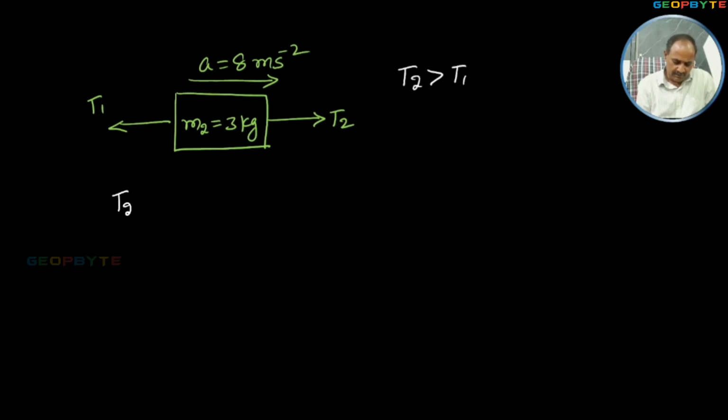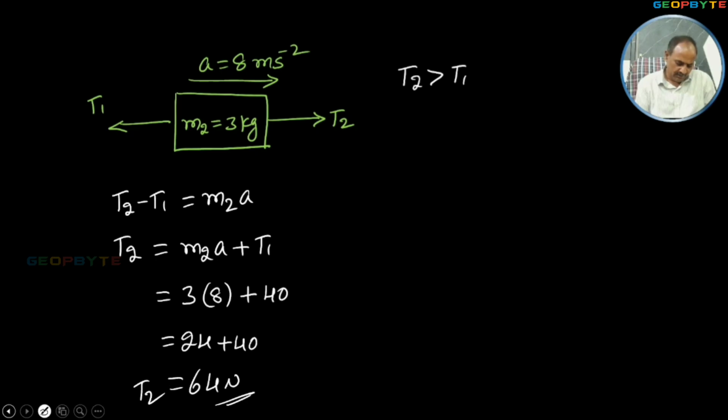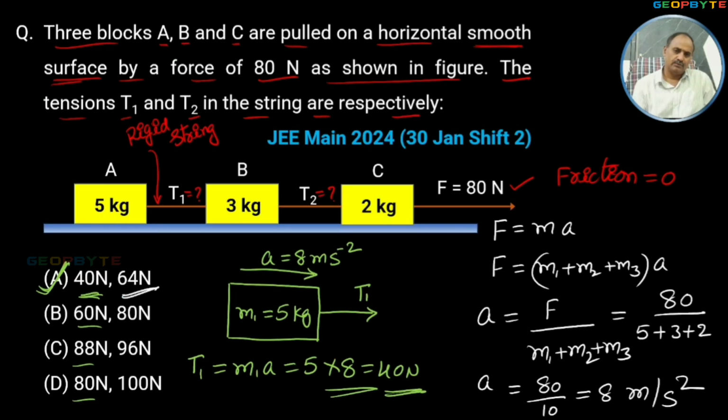Therefore, T2 minus T1 must be equal to m2 times the acceleration, or T2 equal to m2a plus T1. m2 equal to 3 into 8 plus T1, already got 40. It is 24 plus 40 is equal to 64 newtons. That is the T2 value. Look at the option A, 64 newtons.